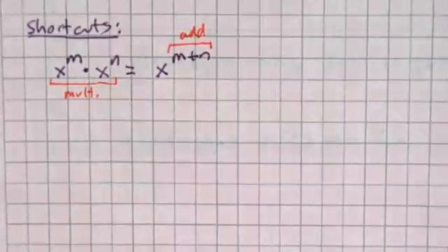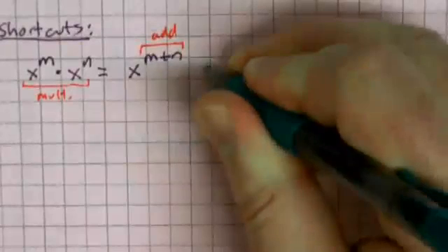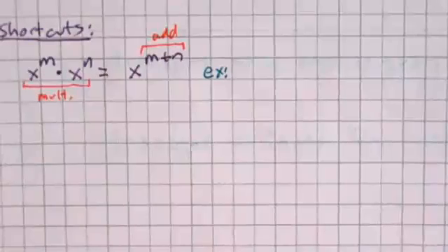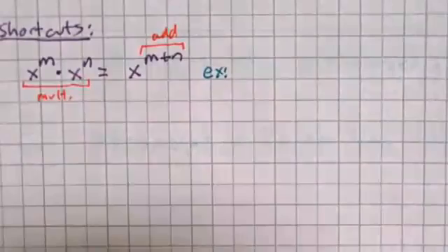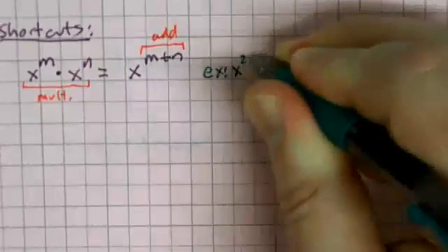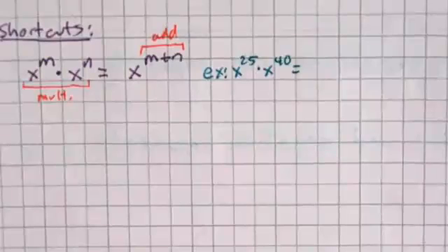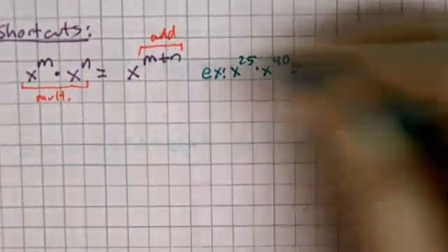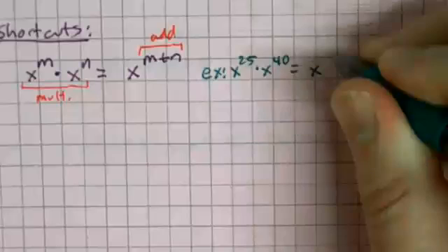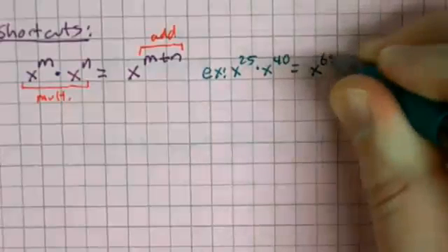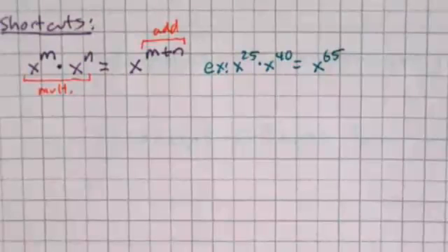And I think it's a good idea when I'm doing notes to give myself some examples. So I'm going to write an example off to the side here. And I'll just use the one that they put in the book, x to the 25 times x to the 40th equals. So we're multiplying on the outside, so we would add the two exponents. 25 plus 40 equals 65 would be our final answer.